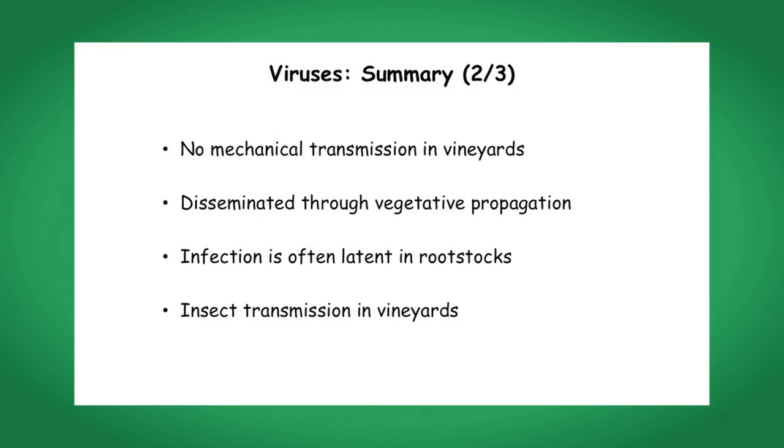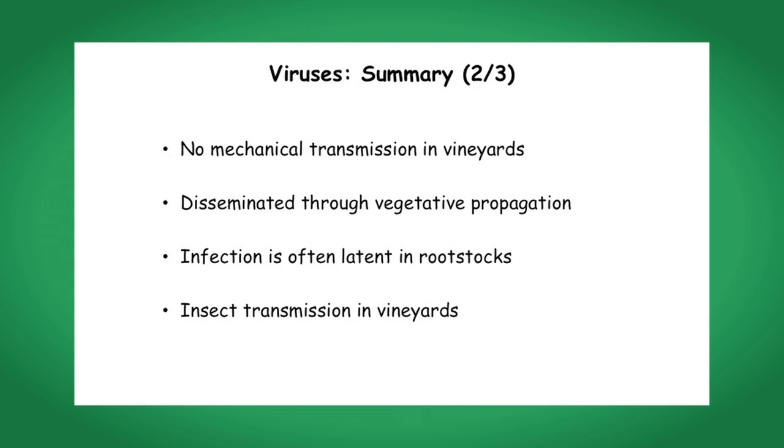On a bright note, red blotch and leaf roll, like any other grape virus, are not mechanically transmitted in vineyards. I have to explain what I mean by that. It means that hedging, pruning, harvesting, suckering, you name it, does not move a virus from an infected vine to a healthy vine, or from an infected vineyard to a healthy vineyard.